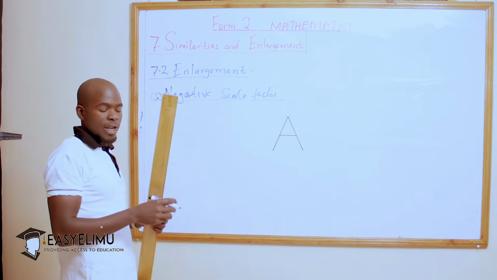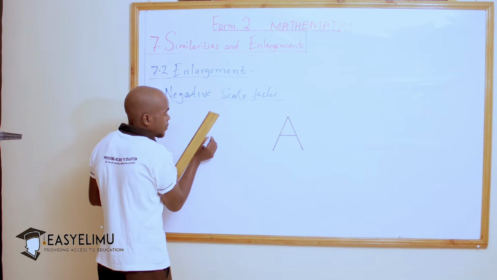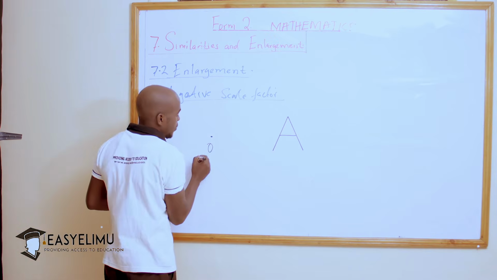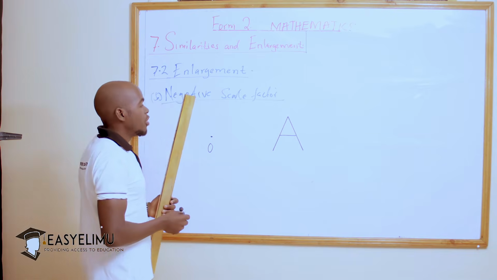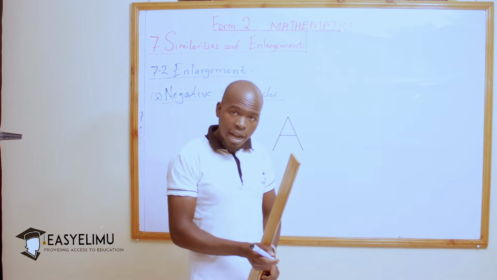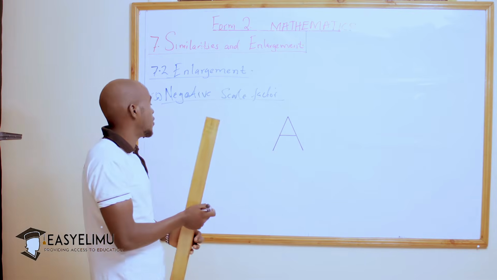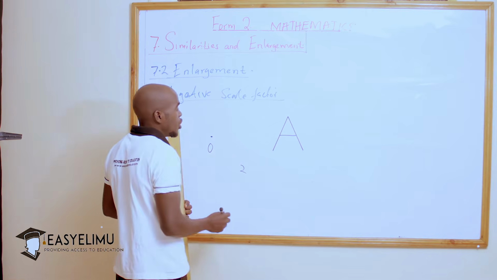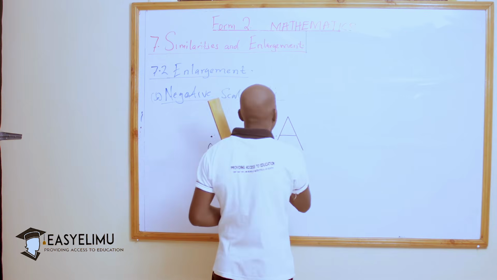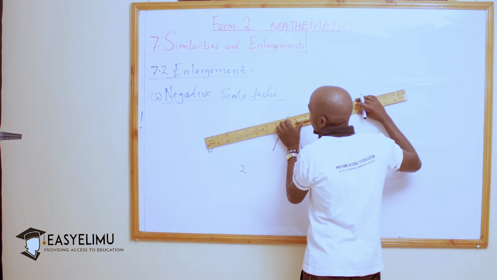If we have that kind of letter A, and this point here is our center of enlargement, let it be point O. In case we do this with a positive enlargement scale factor, that means a linear scale factor which is positive, for example 2, then we are required to find the corresponding image of this.